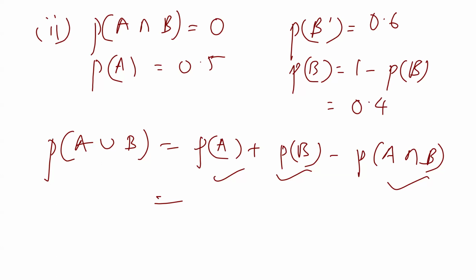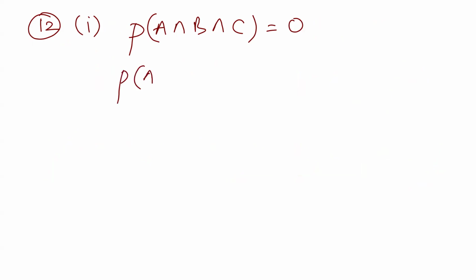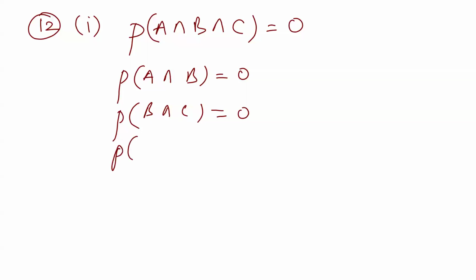Question number 12, sub question 1. A, B, C are three mutually exhaustive and exclusive events. So P of A intersection B intersection C is equal to 0. Since these are three events, the intersection between any two is also 0.